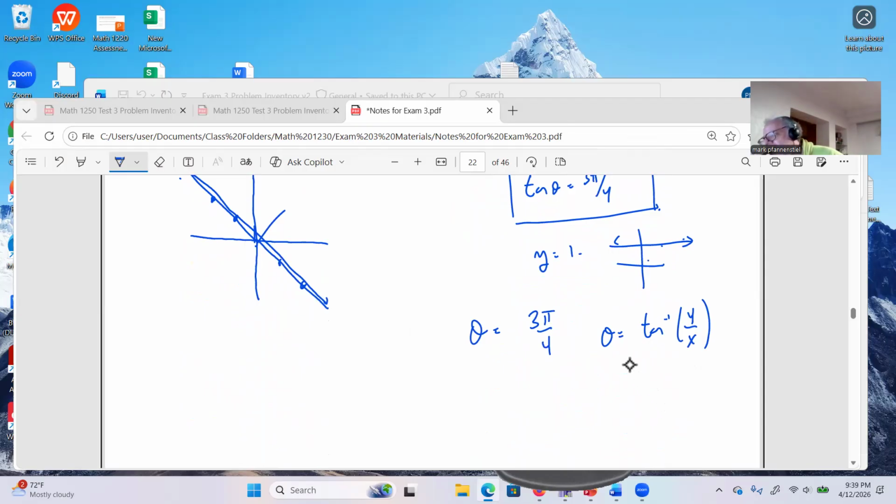Okay, well, let's keep thinking about this. What can I do with this to give me an x and a y value here? So that's what we're thinking about right here.